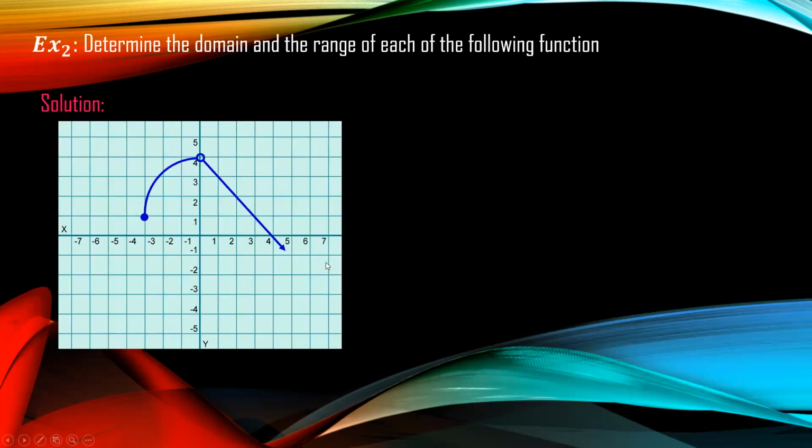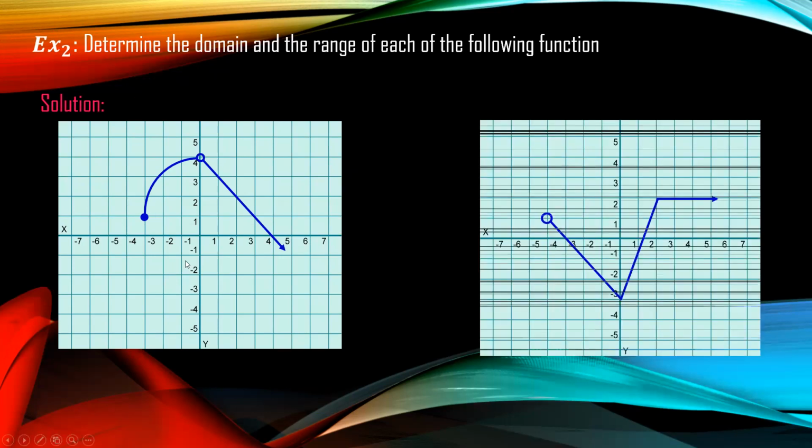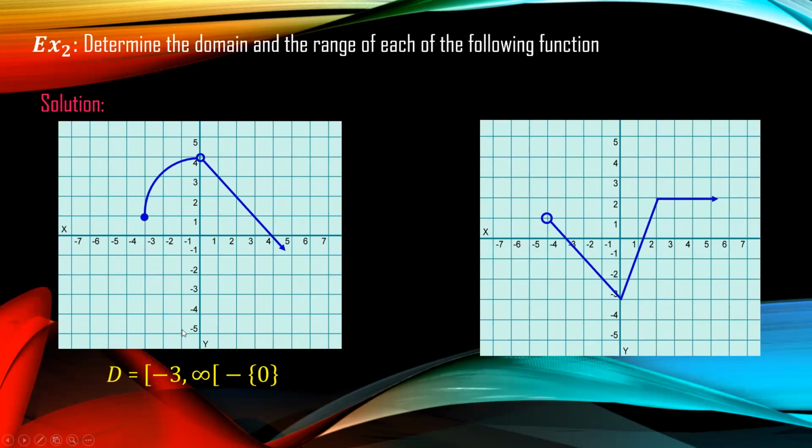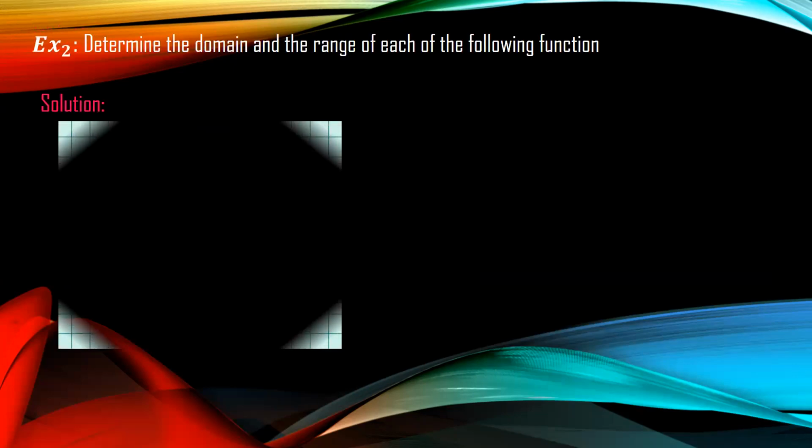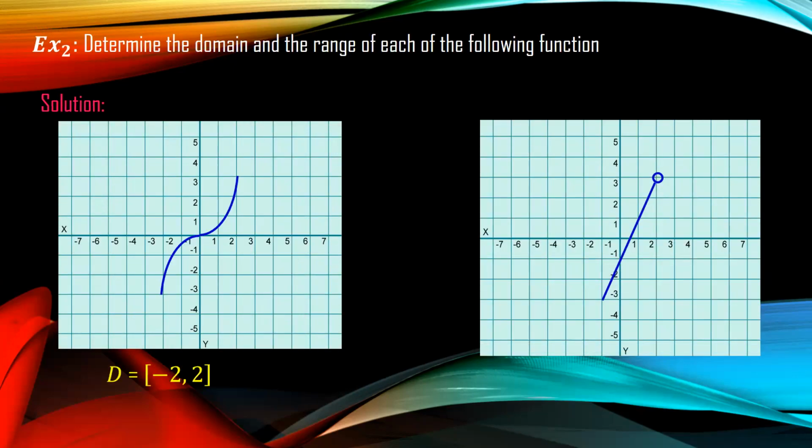Example number 2: determine the domain and the range of each of the following functions. From this function, it is clear that the domain is [-3, infinity) minus the set {0}, and the range equals (-infinity, 4). This curve's domain is (-4, infinity) and its range is the closed interval [-3, 2].